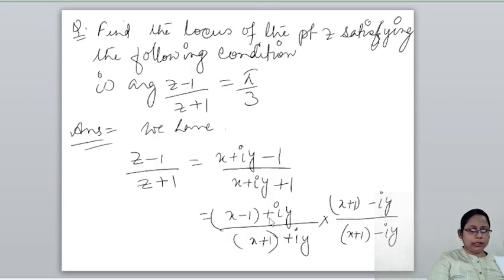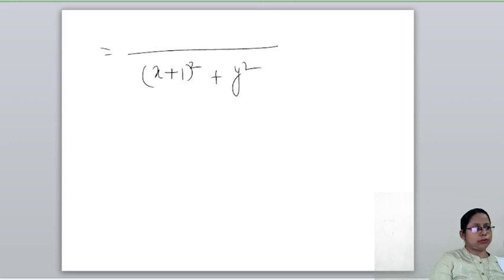Then multiply the numerator: (x minus 1)(x plus 1) will be x square minus 1.